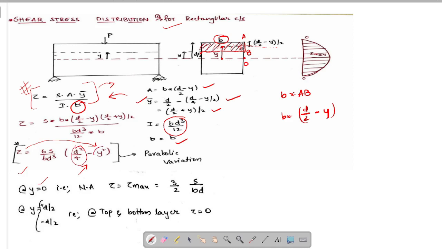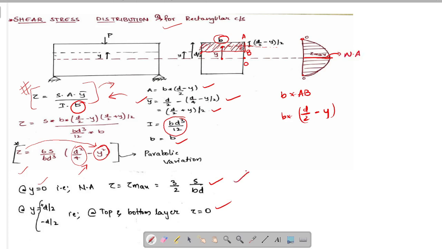That means at y equals 0, we will be getting tau max, which equals 3 by 2 into S by BD. By substituting y equals plus d by 2 and minus d by 2, that is at the top and bottom surface, we will be getting tau as 0. The final distribution diagram looks something like this, which is a parabolic variation with maximum at the neutral axis.